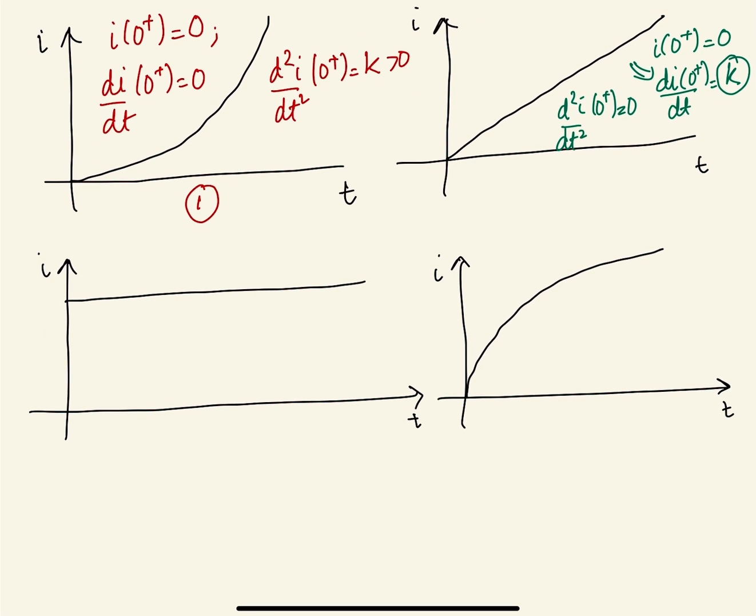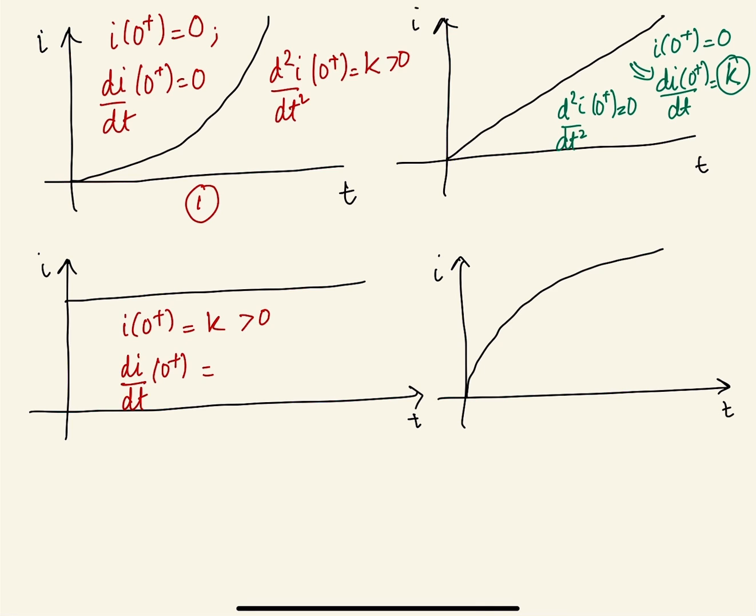Now what can you say about this? The initial current is some non-zero value, k greater than 0. What can you say about di by dt at 0 plus?